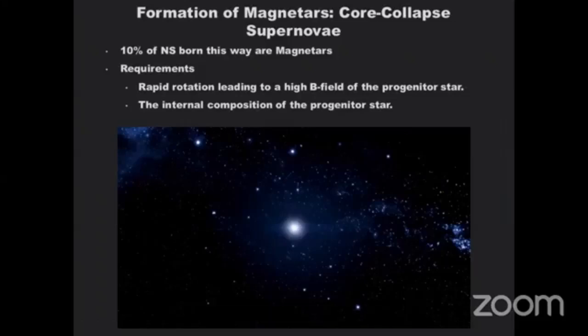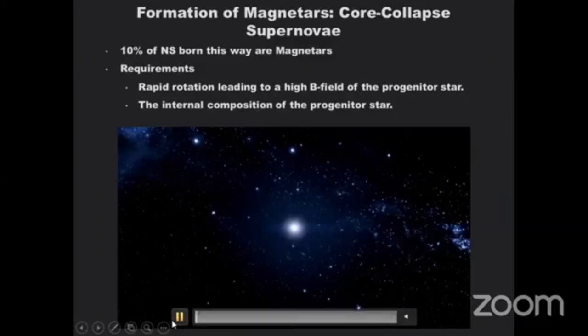The spin of the progenitor star has to be very high, because I told you the spin is what generates this magnetic field. It has to be high so that when it collapses and becomes a neutron star, the spin of the magnetar also becomes very, very high. And there also has to be some internal composition of the progenitor stars. These are the reasons.